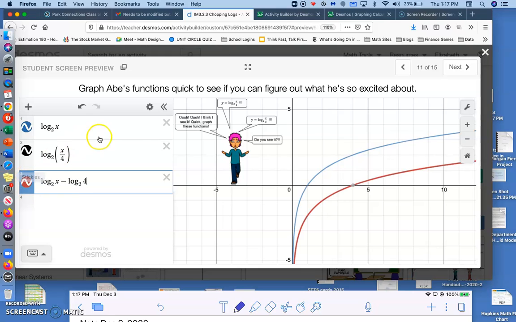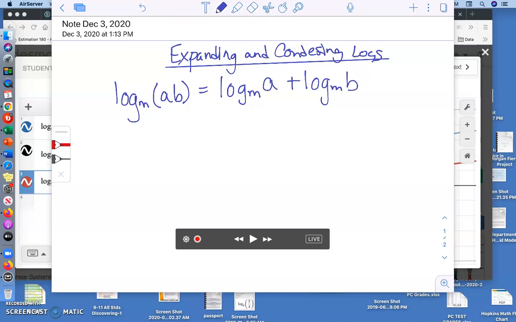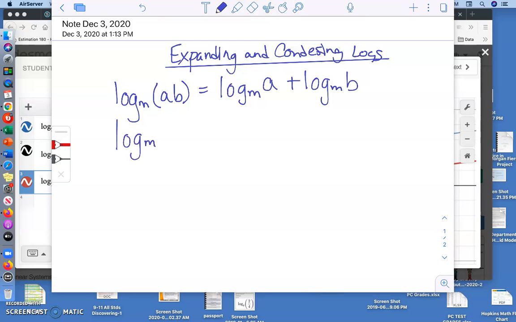In reality, division is the same as a vertical translation going down. So a log rule here is: log base m of a divided by b equals log base m of a minus log base m of b.